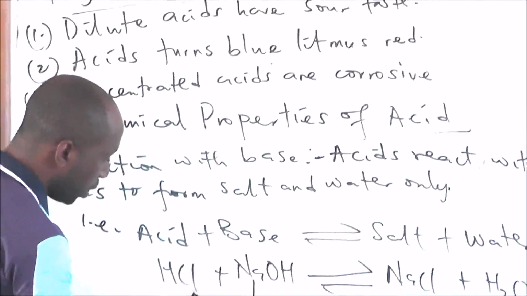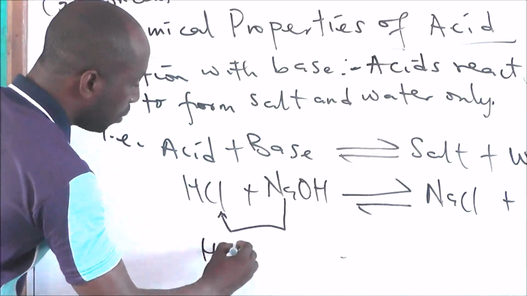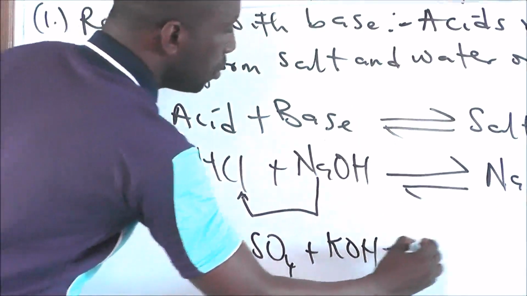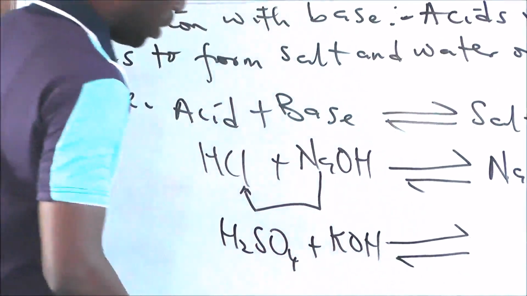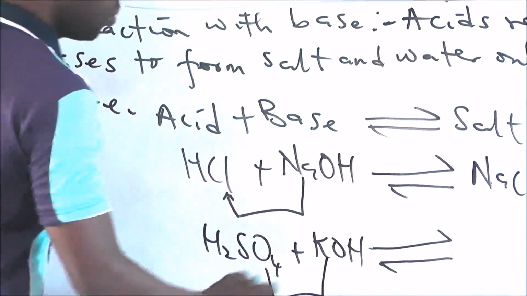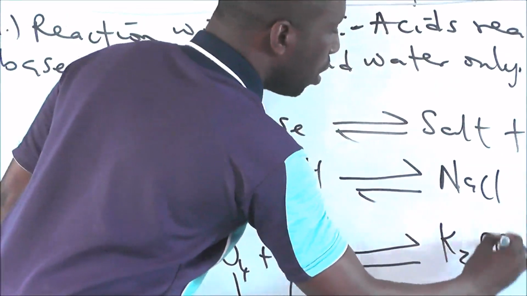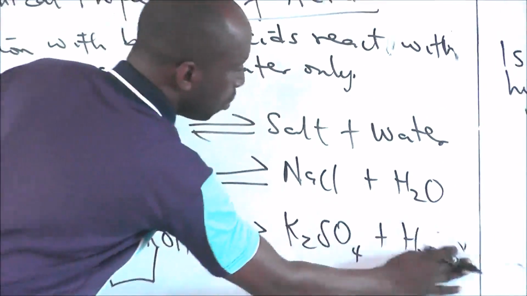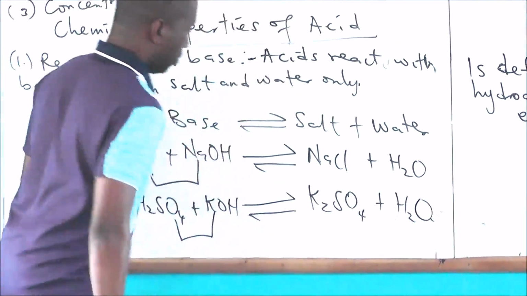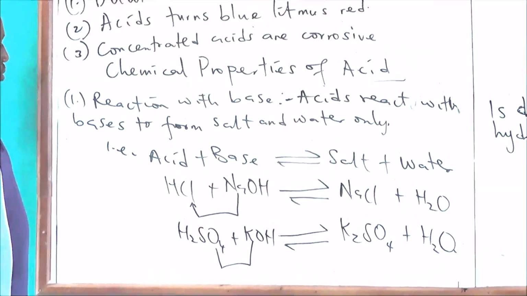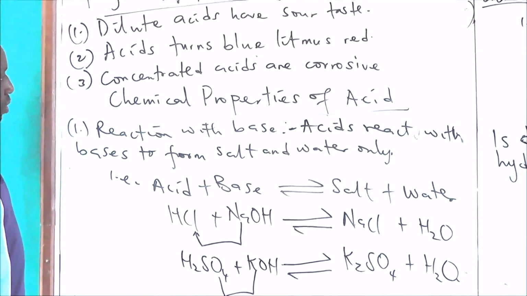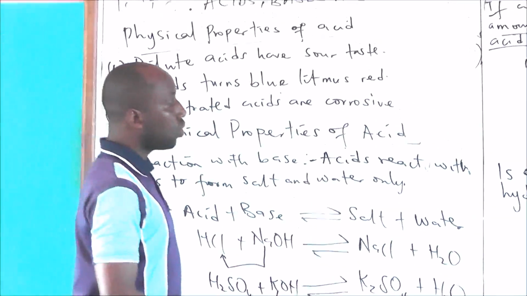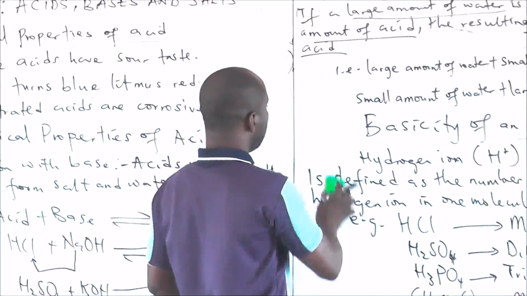You can also have H2SO4 plus KOH, which gives us K2SO4 plus H2O. That's the first chemical property of acid. They react with bases to form salt and water only.